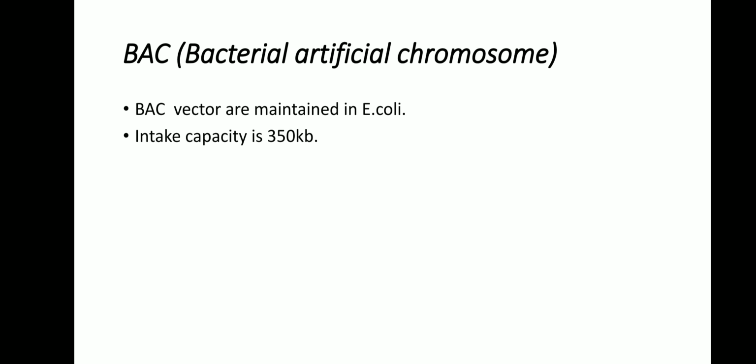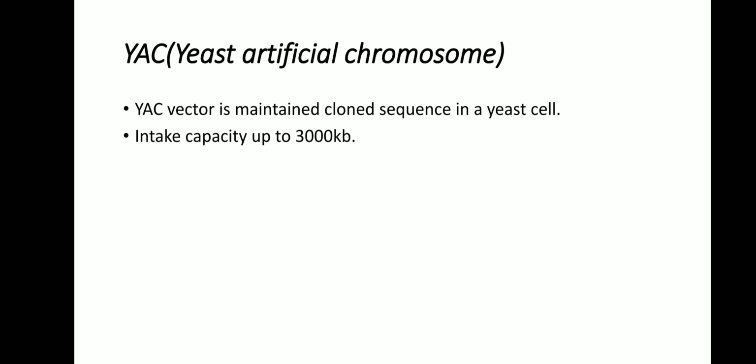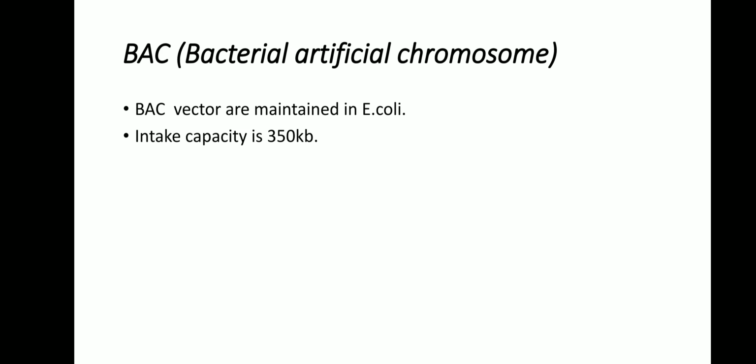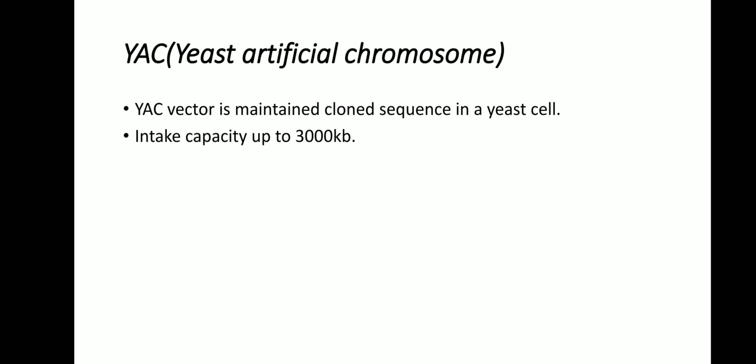Now BAC, bacterial artificial chromosome, and YAC, yeast artificial chromosome. These are prepared in laboratory conditions, by which large target DNA can be inserted into the vector. The BAC vector is maintained in E. coli cells and the YAC vector is maintained in yeast cells.